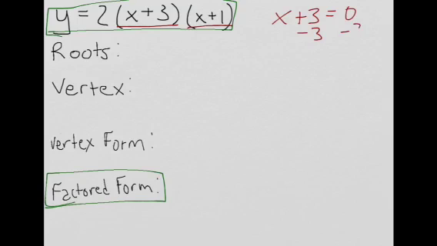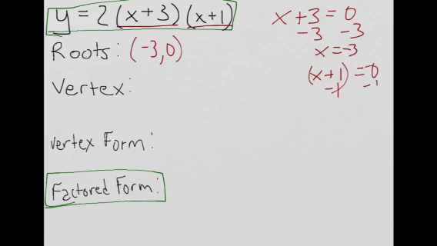Subtract 3 on both sides and get x equals negative 3 for our first root. And we've got x plus 1 equals 0. Subtract 1 on both sides to get x equals negative 1 as our second root.